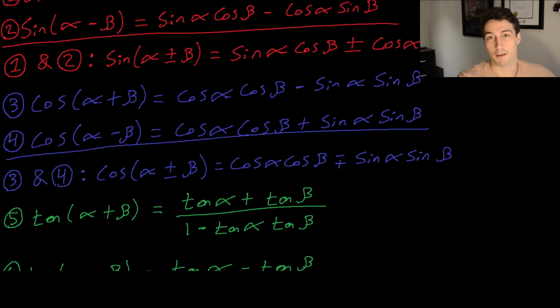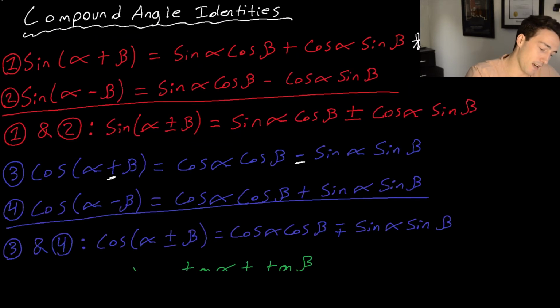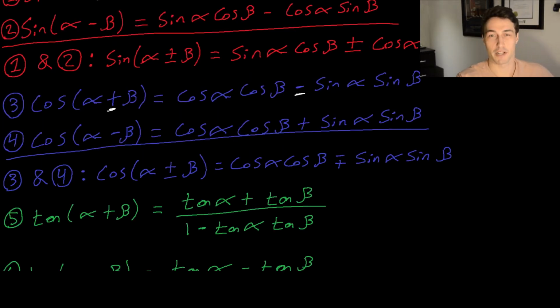Similarly, we have the same thing for cos. We have an addition formula and a subtraction formula. In this situation though, you'll notice that the signs don't actually line up. Here it's subtraction, whereas before, with sine of alpha plus beta, this plus matched this plus. So when we write it in a more compact way, we have to account for that: cos of alpha plus or minus beta is equal to cos alpha cos beta minus or plus sine alpha sine beta.